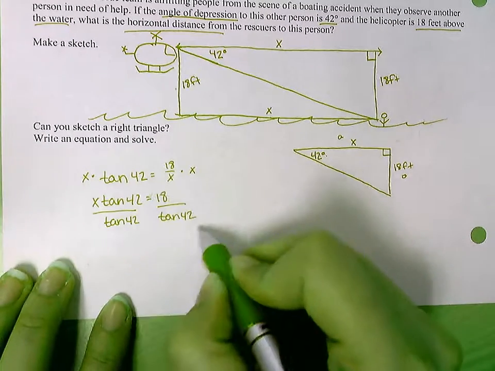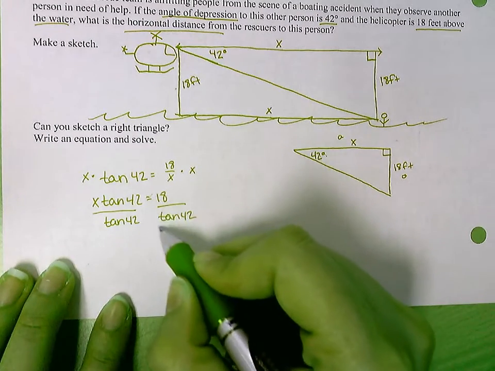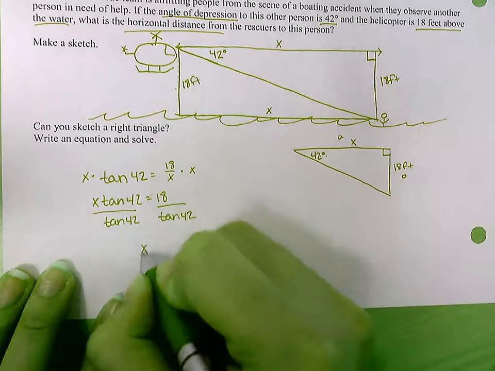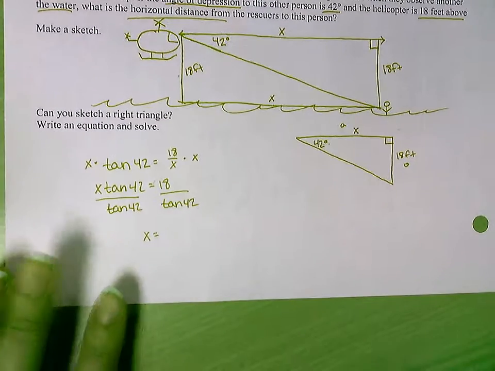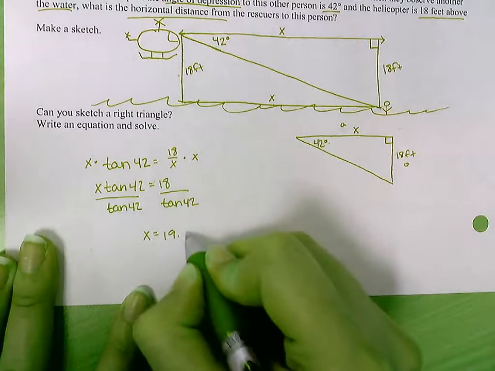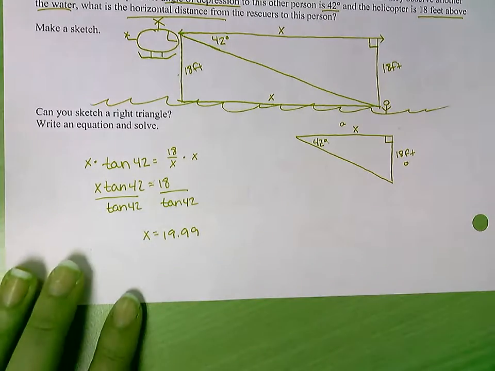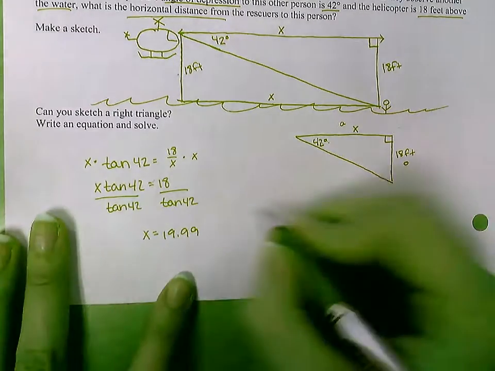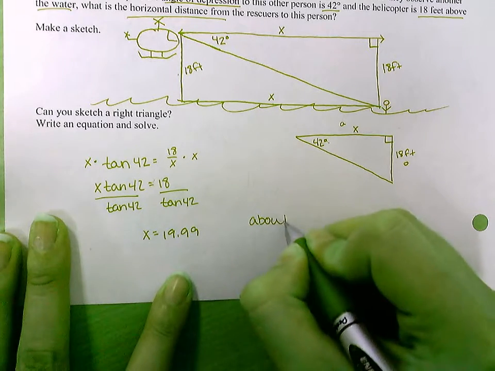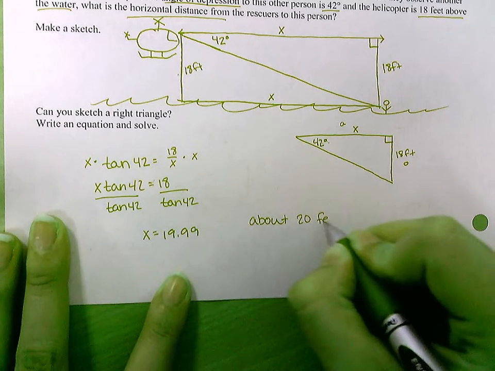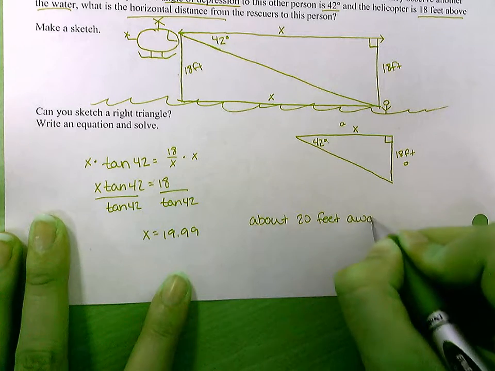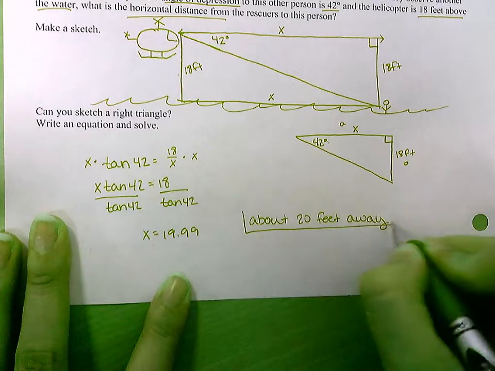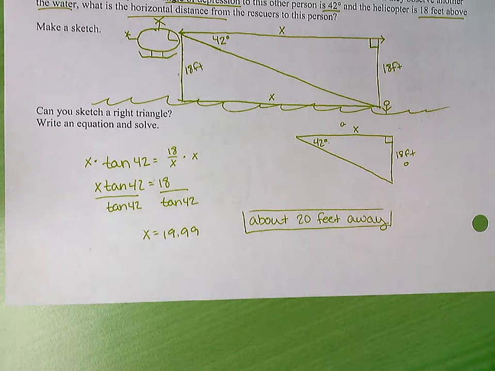Plug this into your calculator, and we'll get x is equal to 19.99. Or I could say about 20 feet away. Any questions on these word problems?